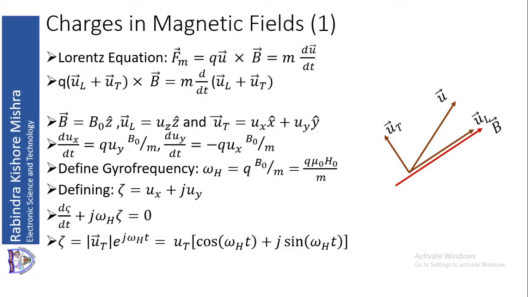We can easily solve it. The solution of this first order differential equation will be of the form zeta equal to ut absolute value into e to the power minus j omega h t.